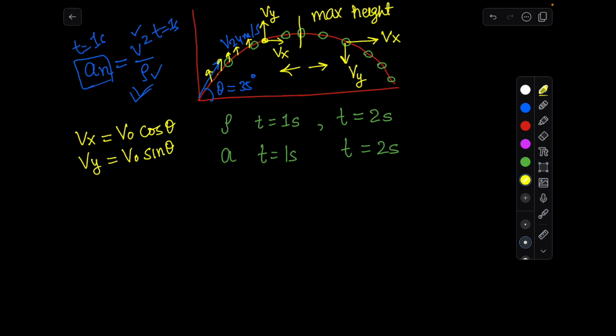Now let's talk about the third concept we apply in projectile motion: the gravitational acceleration, or total acceleration, is always working in a downward direction for any point. So you can see that total acceleration g is always working downward for any point during the flight. Now we will use these concepts and then we will solve the problem.